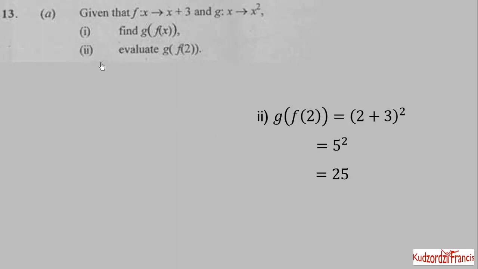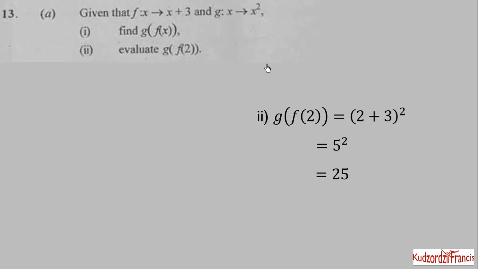So we're told that given that f is defined by the function f is such that x maps onto x plus 3 and g is such that x maps onto x squared, you're supposed to evaluate g of f of x and evaluate g of f of 2.